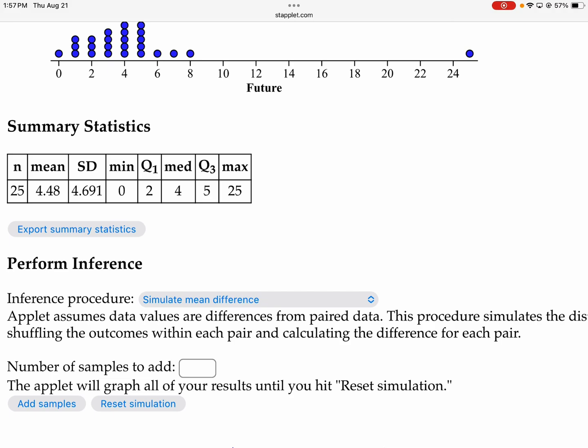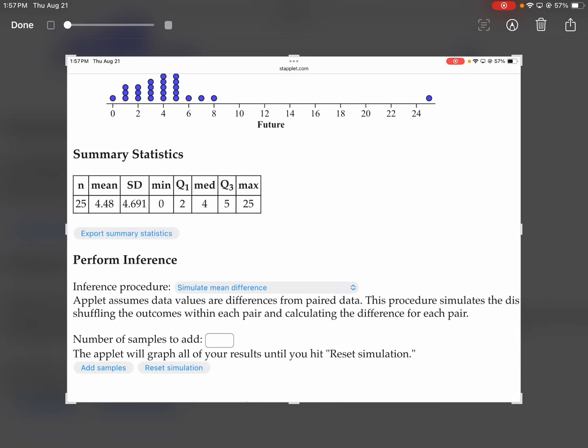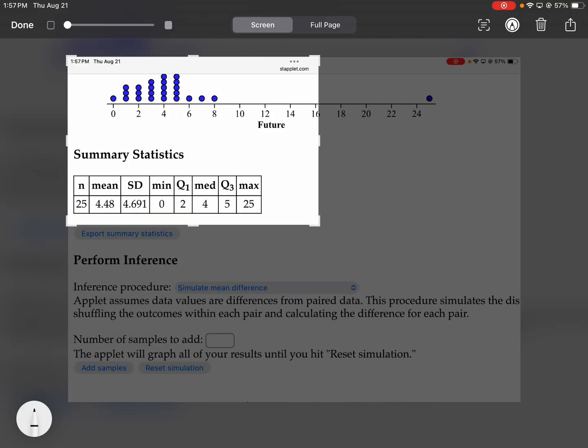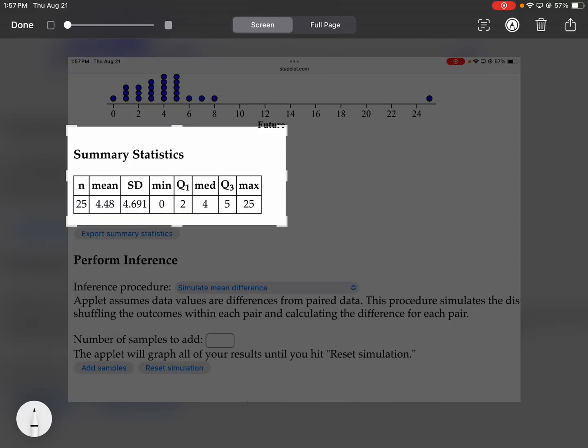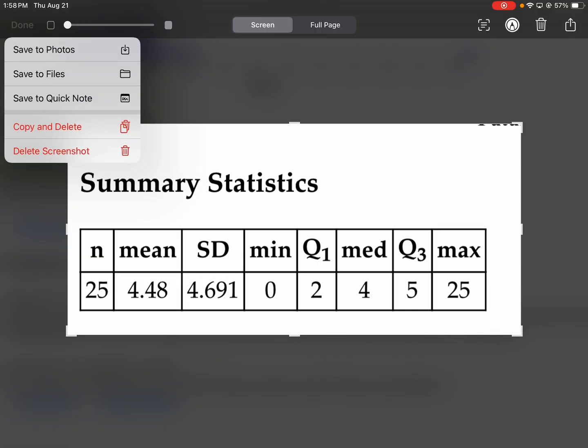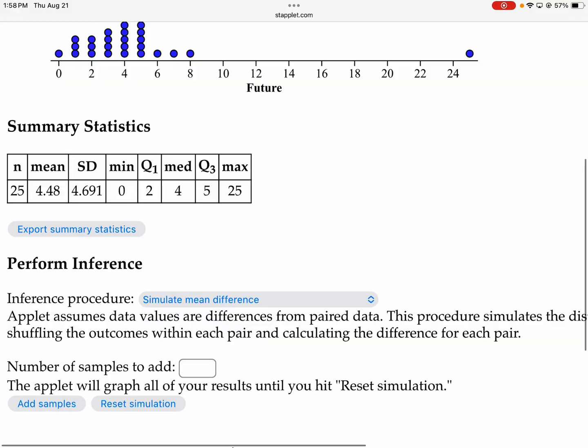Now, I'm going to take a screenshot of this because I want to show you something. This is really awesome, what just happened right here, because if I have this table, even if I don't have all the data, I can still do a lot with this data. So let me save that.